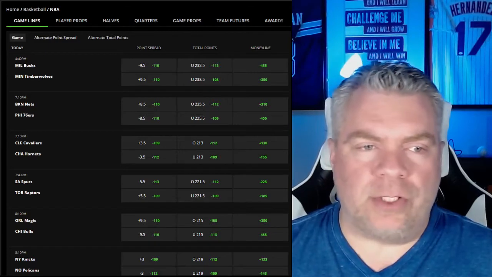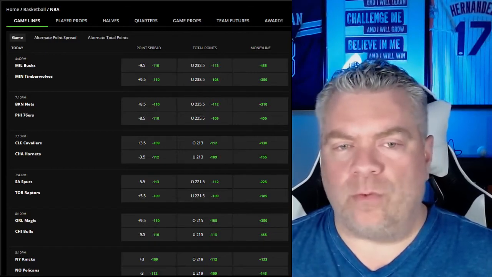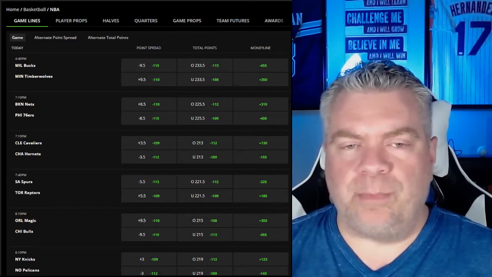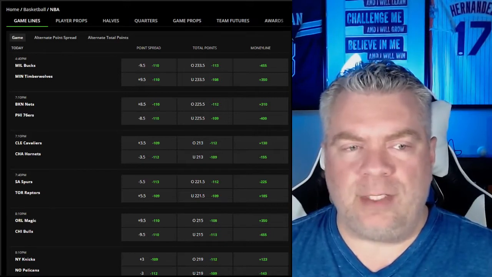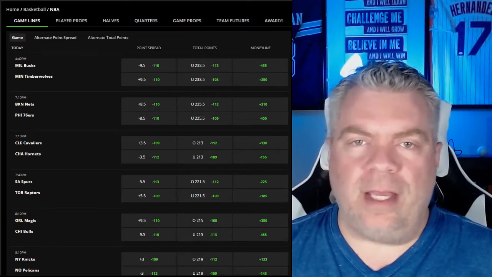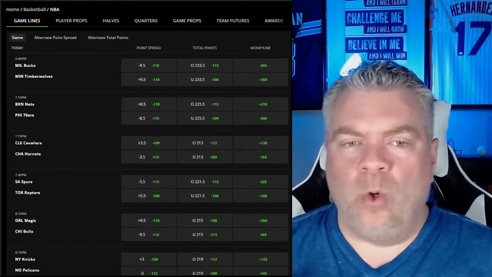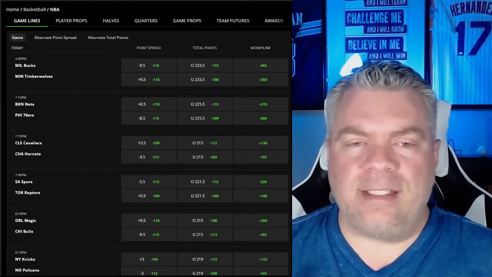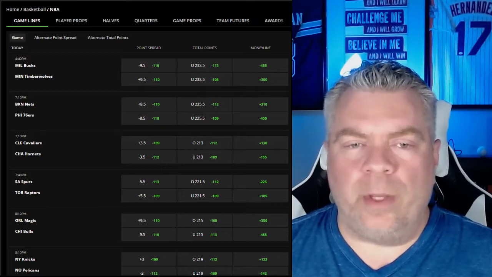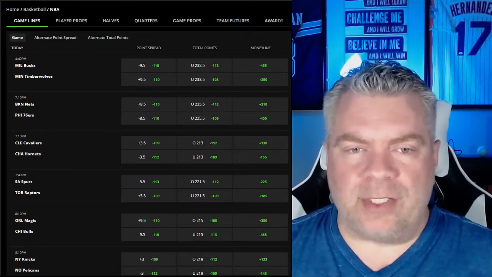Conversely, if you are betting the Timberwolves on the spread line, which is plus 9.5, you need them to keep this game to within 9.5 points. So if they win the game outright or lose this game by less than 10 points, you will win that bet. It is as simple as that.